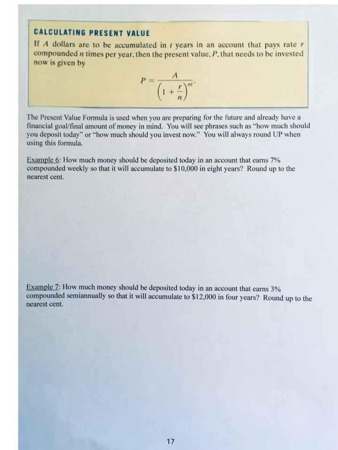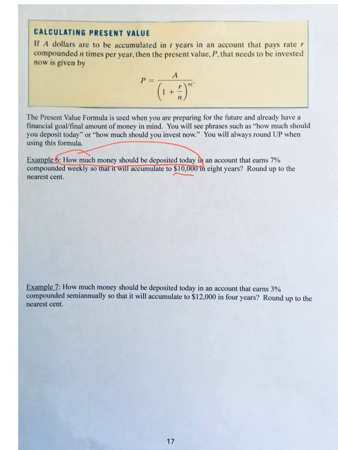So already it's a different feel, a different vibe from those compound interest formula questions we were doing earlier in this video. We saw that key phrase, how much money to deposit today or now, and we already know how much total balance we want in the account eventually, which is $10,000.